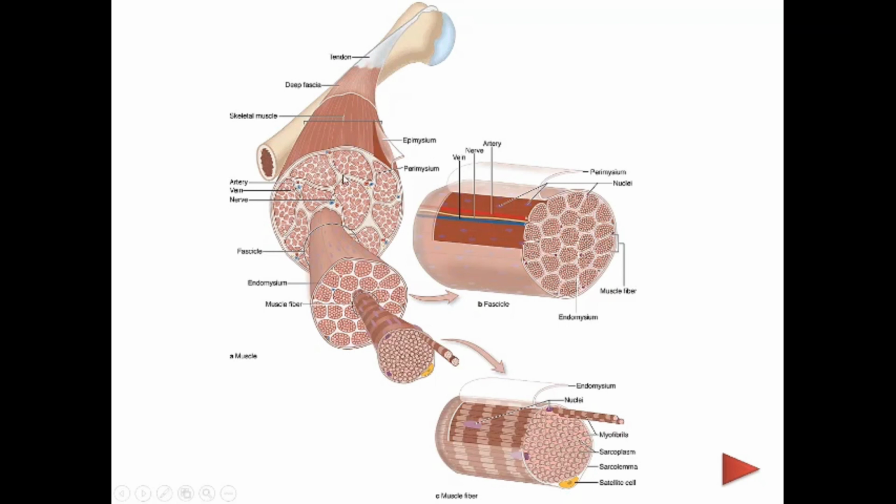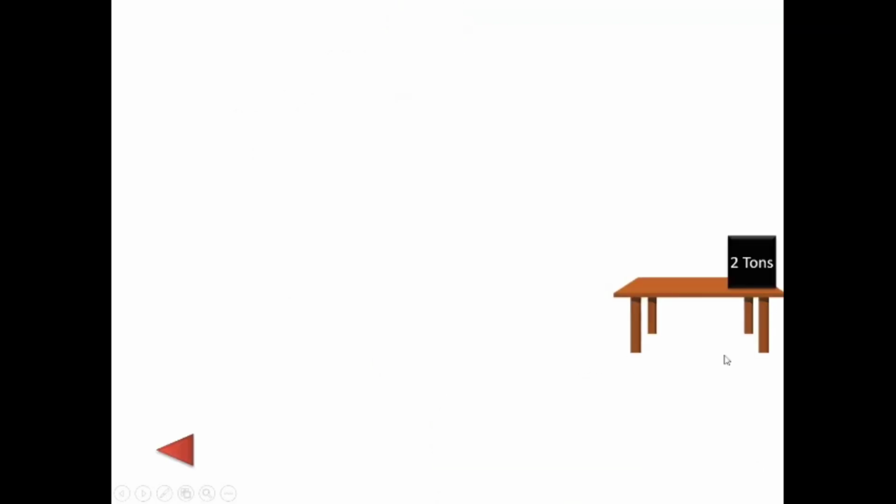So around the whole muscle, epimysium. Around the fascicle we have perimysium, and around each cell we have endomysium. This connective tissue supplies the nerves and blood vessels for the muscles, and it also has a very important function. I will explain in the next slide.